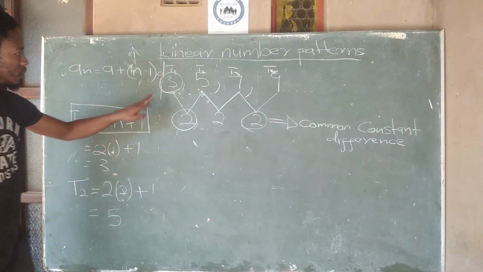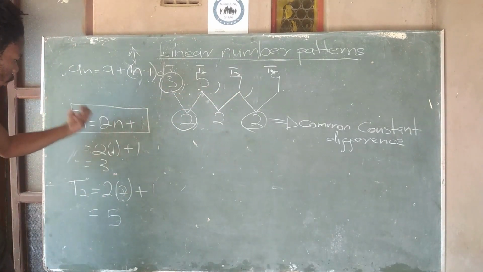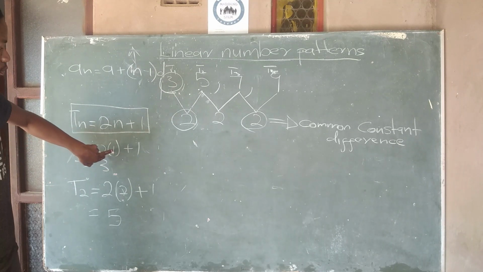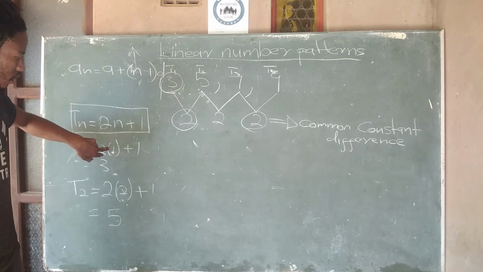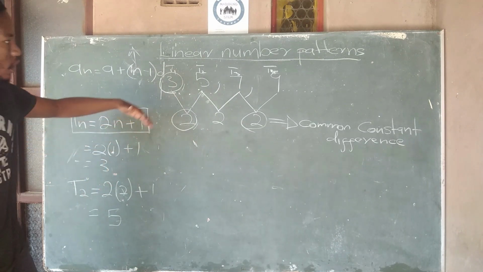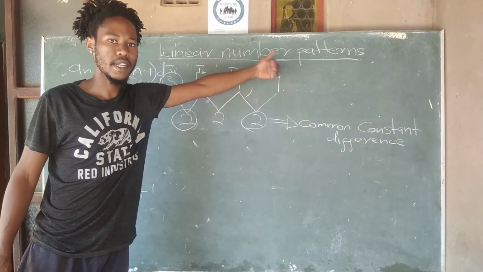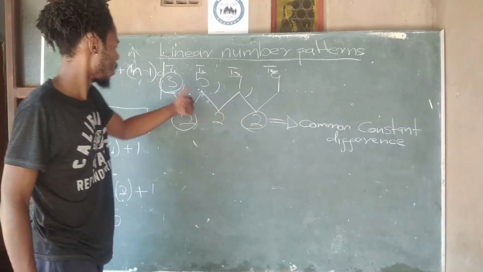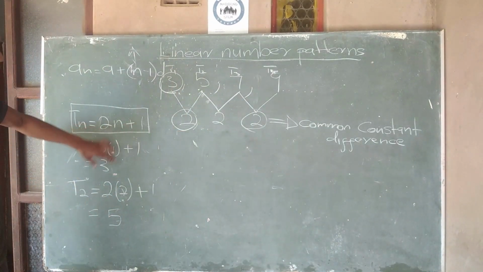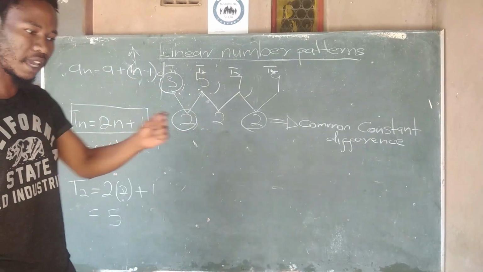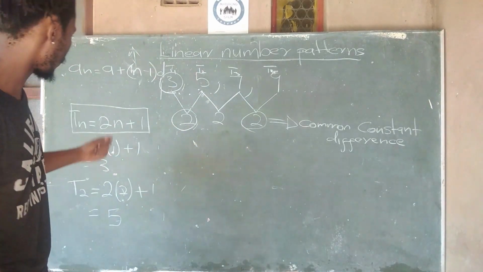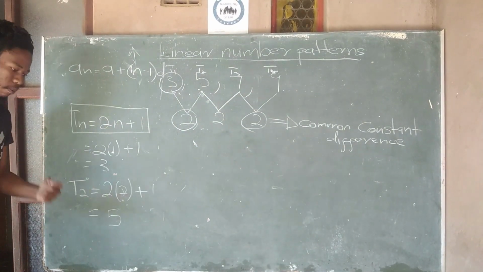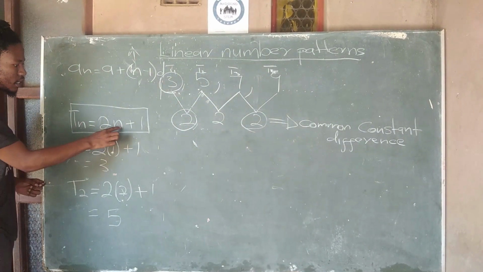You see, 3, 5. If you continue substituting 3, 4, 5, you will keep getting the next terms of the sequence by substituting the number of the term you're looking for. If I'm looking for the 50th term of the sequence, I will insert 50 here.